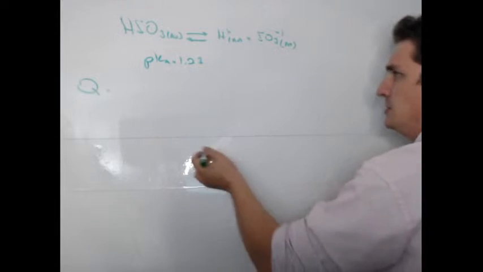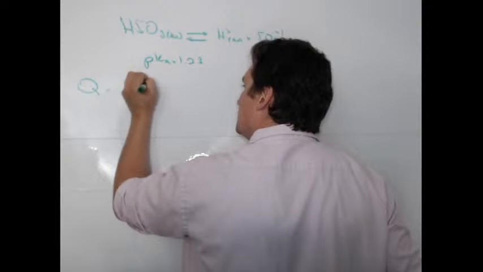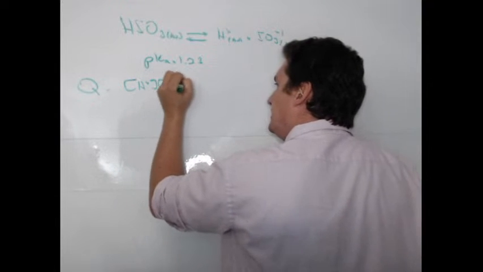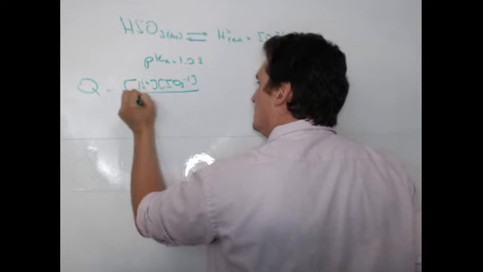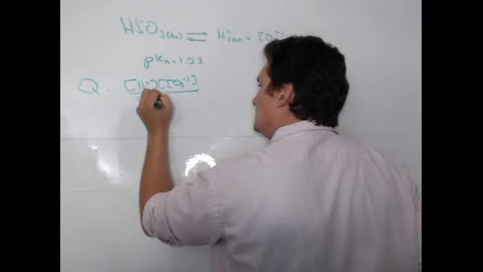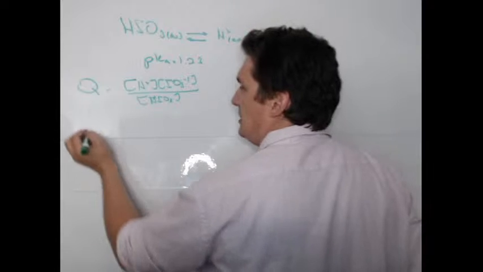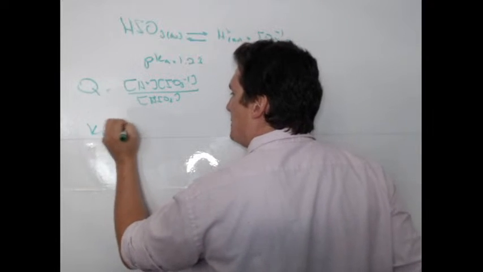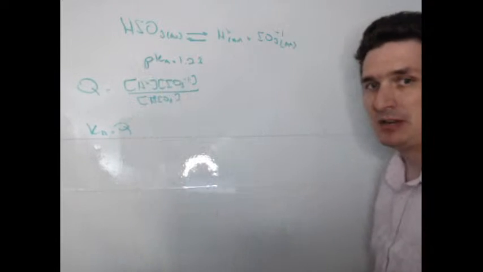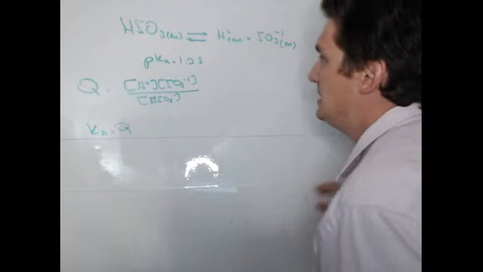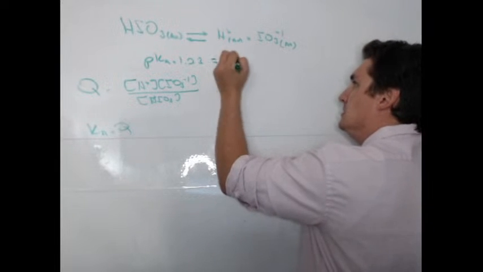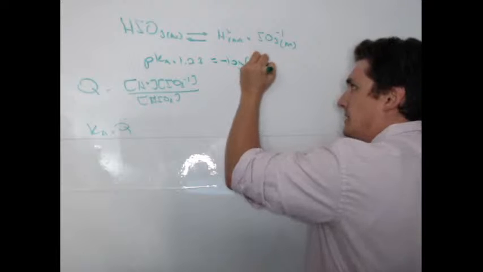So you got your expression for Q, H plus, iodate, all over HIO3. And this is going to be equal to the Ka, not the pKa. pKa is a mathematical operation.